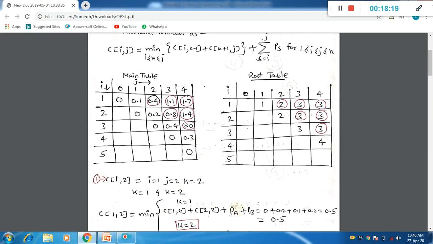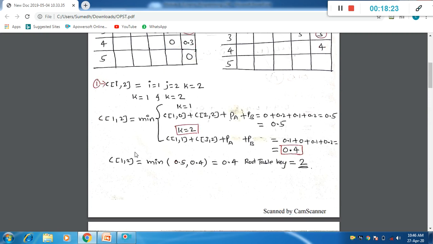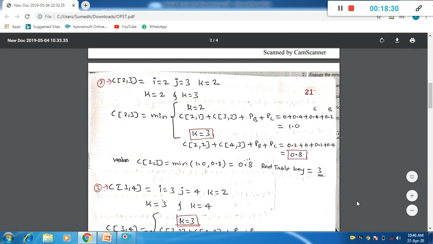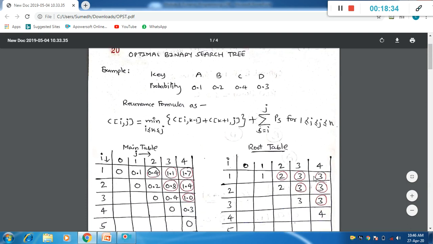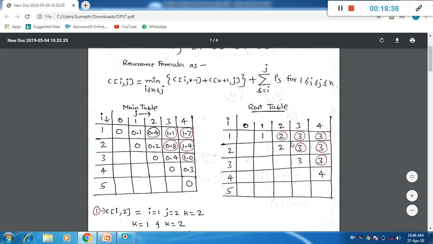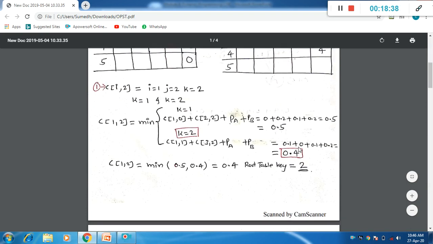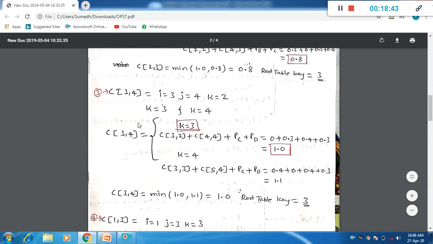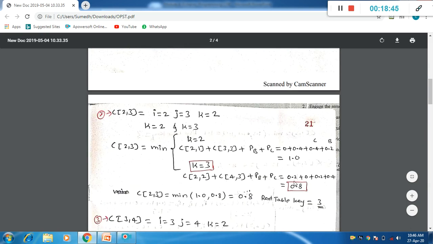Then to the position 2 by 3, you will get the new probability value as 0.8, and to the position 2 by 3, enter the new root table key as 3, because 3 is the key that generates the minimum.